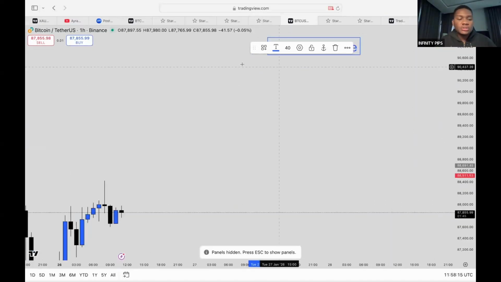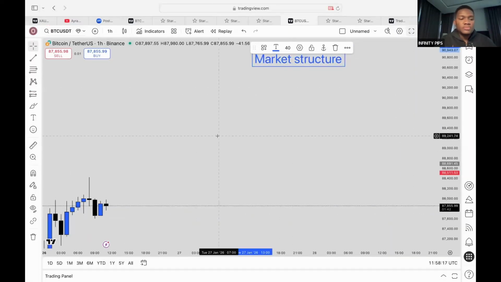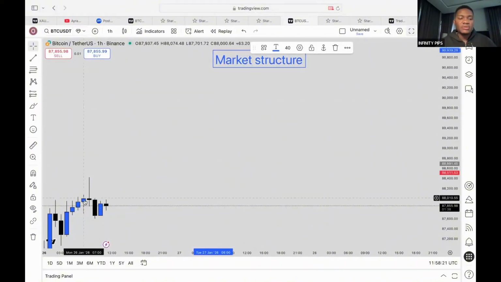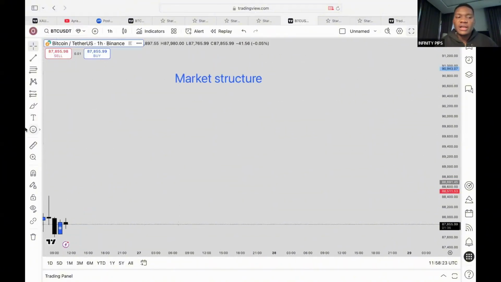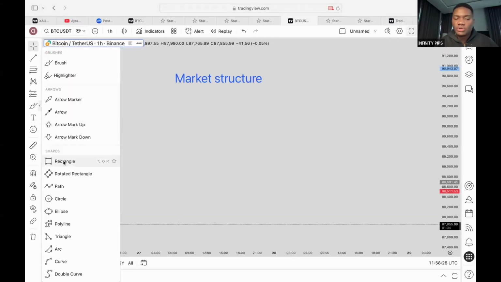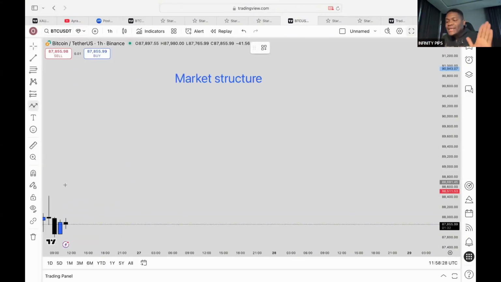Excuse me, guys. Okay. So we're looking at market structure, which is the movement of the market. Now, when we talk about market structure, there are ideal things you will know when it comes to market structure, right? Sorry, before that, when you open your chart to trade or to analyze, the first thing you look at is the direction of the market, yeah?